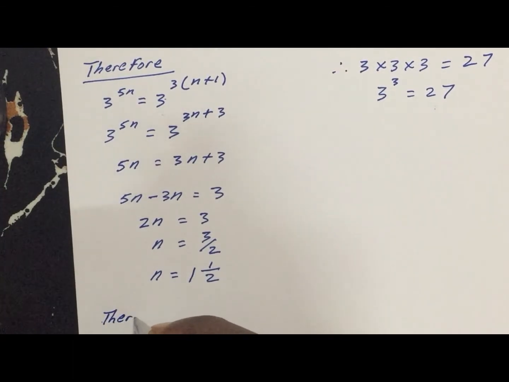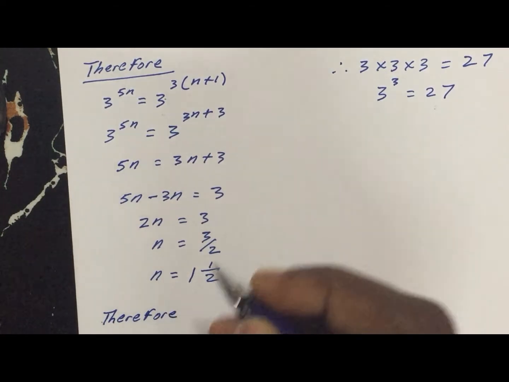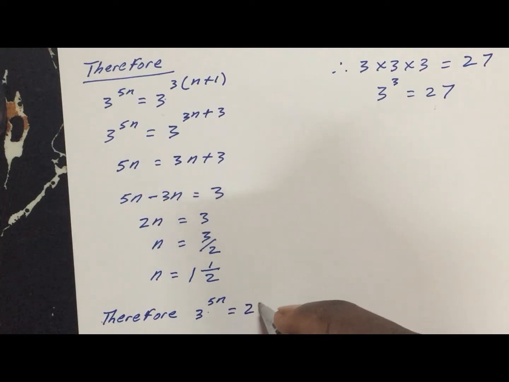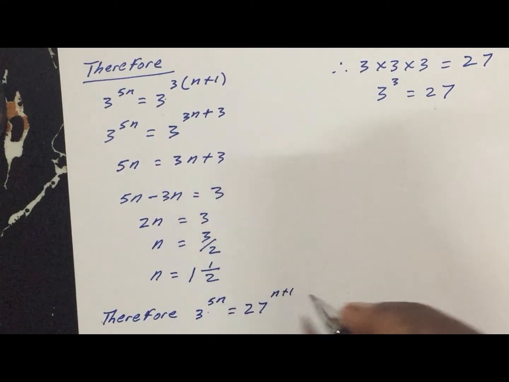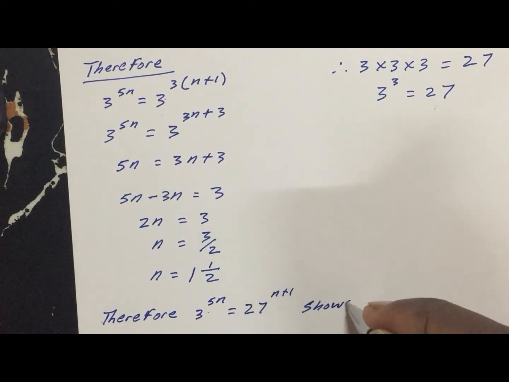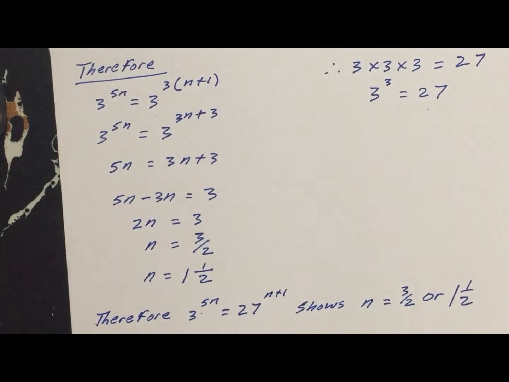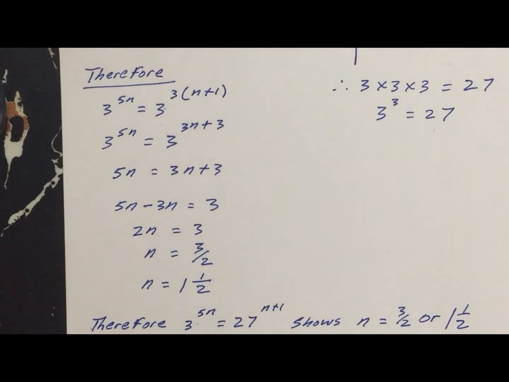Therefore, our function 3 to the 5n equals 27 to the n plus 1 shows n equals 3 upon 2, or 1.5. And that's it. Problem solved. Moving on to number 2.